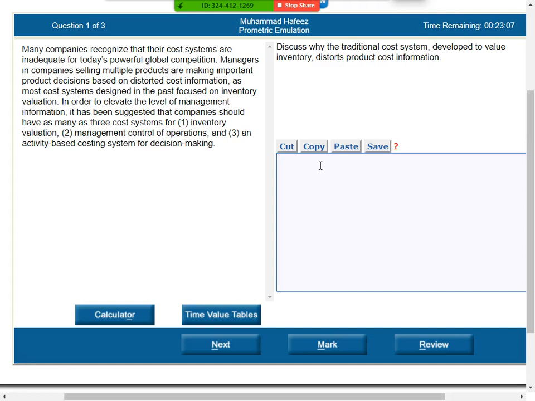And then third point, you can write that using traditional inventory valuation system, it diminishes the value of long-term product analysis, because see, all costs in the long run are variable. Variable costs are variable, like material, labor and variable overhead, but fixed cost, which we conveniently call fixed, in fact doesn't remain fixed in the long run.